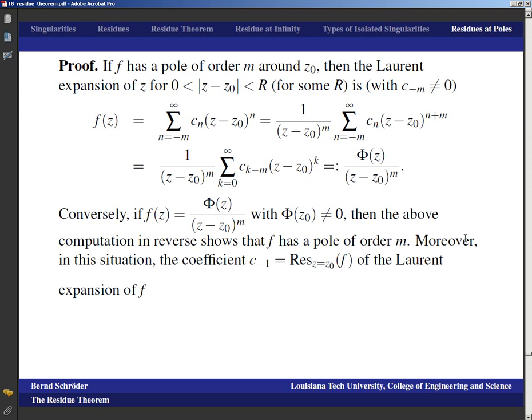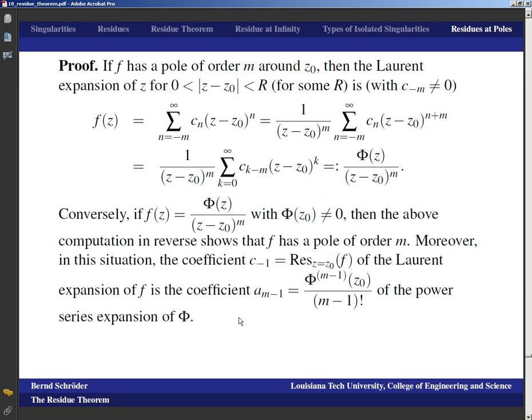Moreover, in this situation, remember the coefficient c negative 1, which is the residue of f at z0 of the Laurent expansion of f, is the coefficient a_{m minus 1} of the power series expansion of phi, because what do we have?